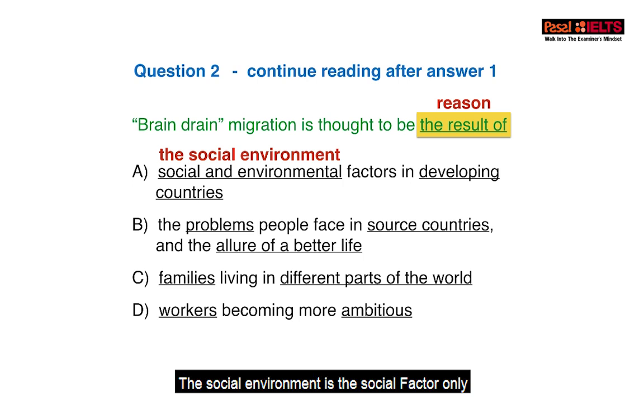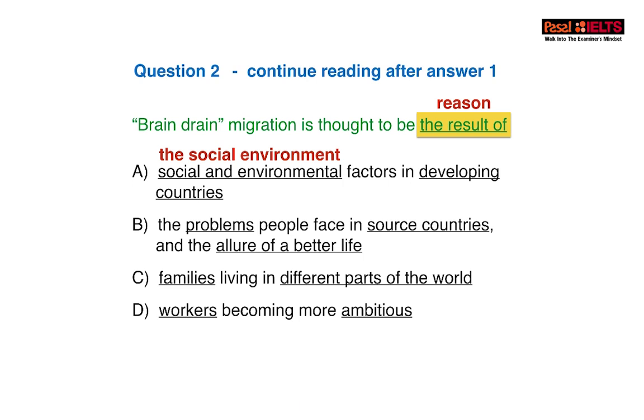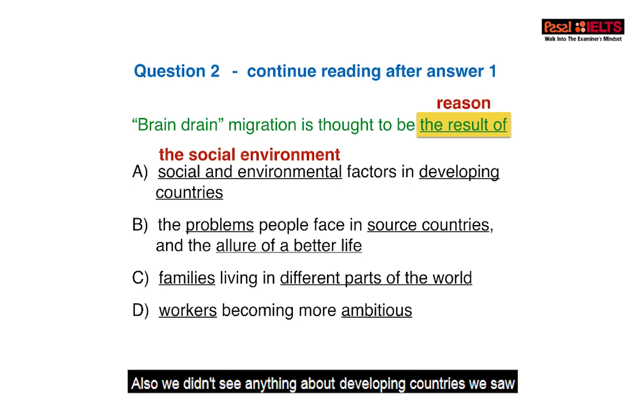The social environment is the social factor only, the social situation, whereas social and environmental are two separate factors. That's a trick there. Also, we didn't see anything about developing countries. We saw source countries, but they might not necessarily be developing countries.